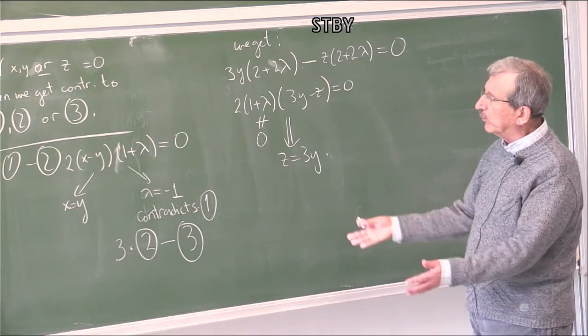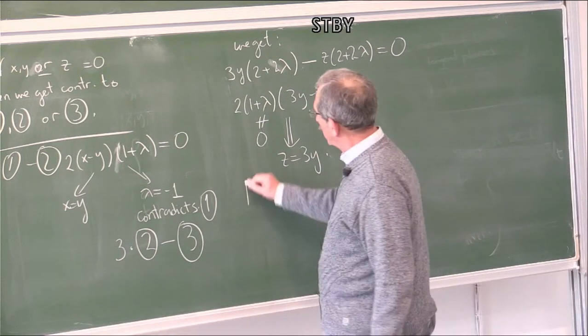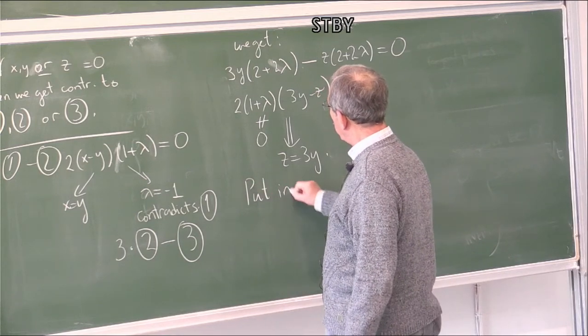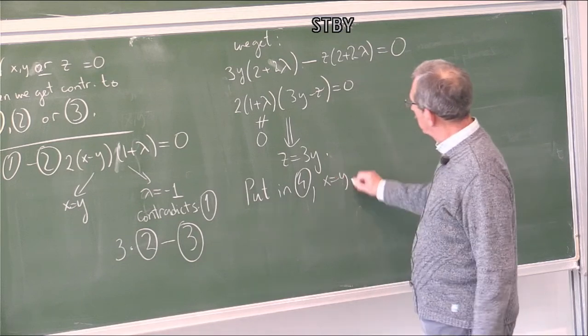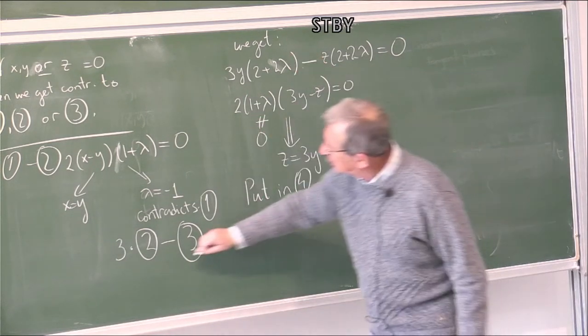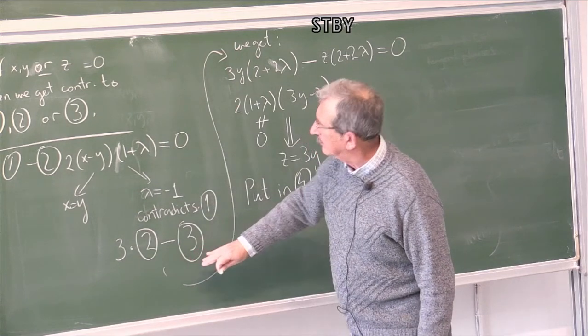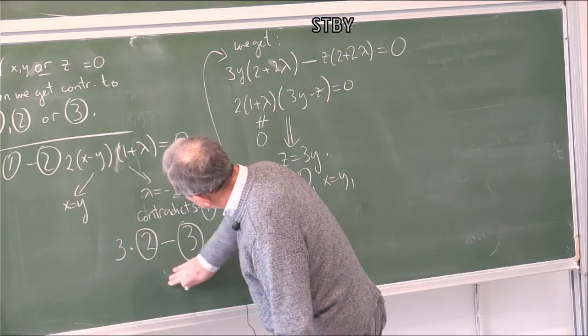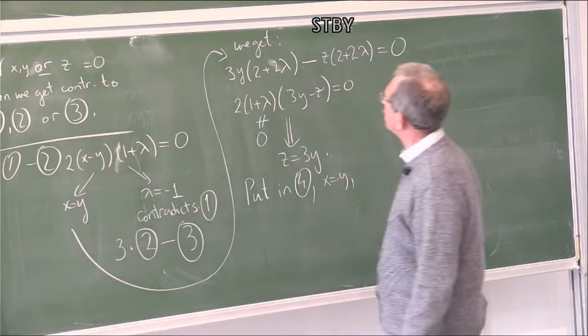Well, we have all the equations we want. Put them in 4, with x equal to y, because in this branch, we are still in this branch. X is equal to y.